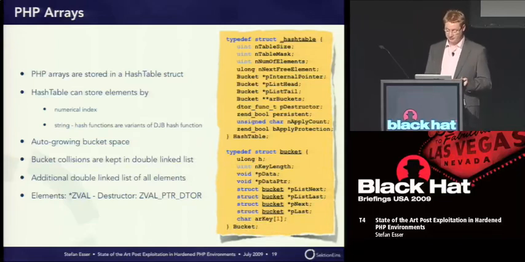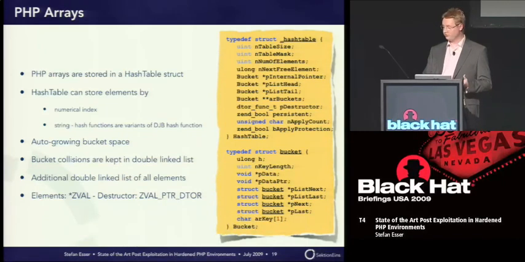Another thing is PHP arrays support, on the one hand, numerical indexes that are used directly as index in the buckets, and they handle alphanumerical keys, which are translated by the hash function, which is a DJBX33A hash function. There's a little difference between PHP 4 and PHP 5, but we don't need this difference for the exploit we talk about today.